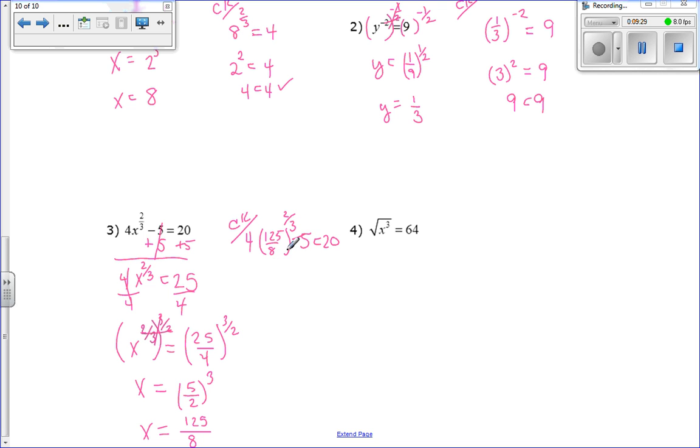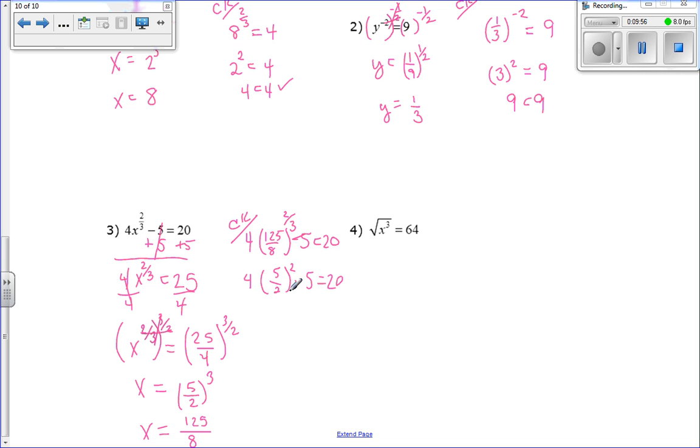Order of operations tells me I must take care of this exponent first before I can multiply by 4. So I keep my 4 here. Take my root before I raise to my power. The cube root of 125 is 5. The cube root of 8 is 2. Squared, minus 5 equals 20.